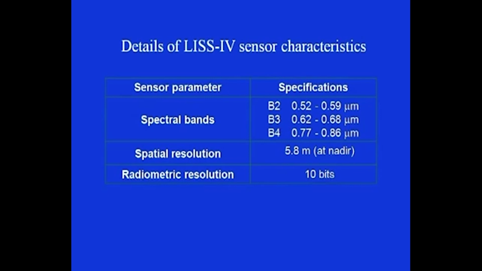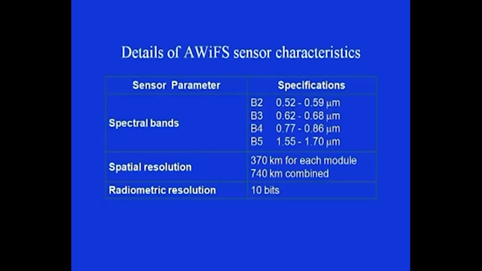There are three bands which are operating in the spectral region of 0.52 to 0.59, 0.62 to 0.68 and 0.77 to 0.86 micrometers, having a spatial resolution at nadir of 5.6 meters with a radiometric resolution of 10 bits. The AWiFS sensor consists of 4 bands.